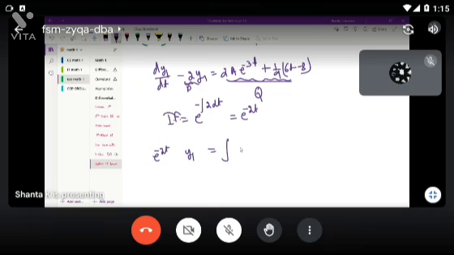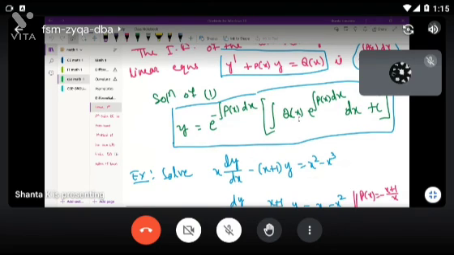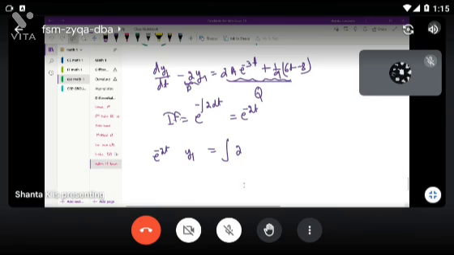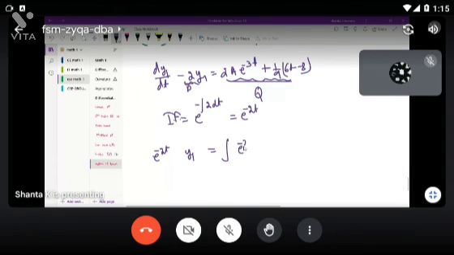This one, the first one. You see this one. If it is of this form, the p(x), q(x) form, then if you take this one, q(x) into e power p(x) form. So what do we first write, q(x)? Or you can put also this one, t.